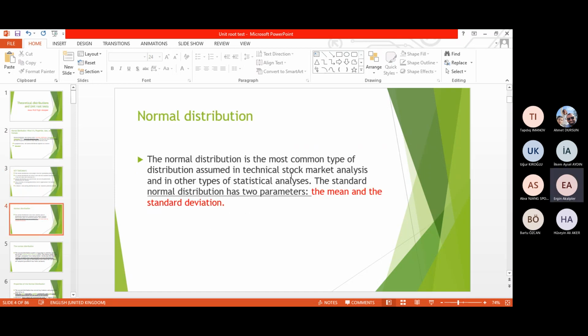The normal distribution is the most common type of distribution assumed in technical stock market analysis and in other types of statistical analysis. The standard normal distribution has two parameters, the mean and the standard deviation, that we did in the first lecture, where it was introduced to you, and you probably know what it is and how it is going to be estimated and affect your theory and your model.